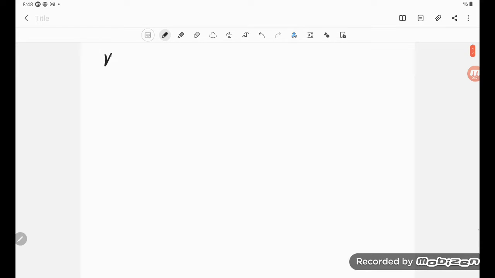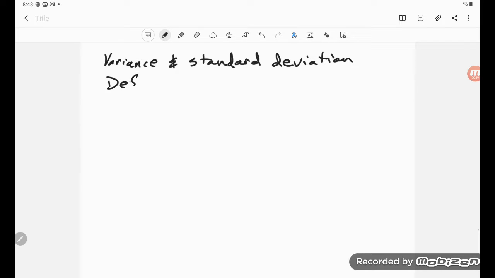Alrighty, so we want to look at variance and standard deviation. These are part of the central moments. That was definition 4.2.